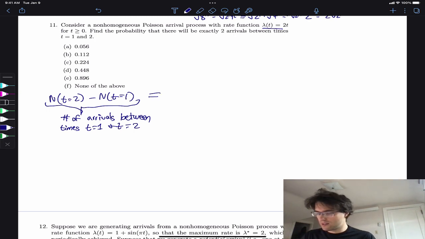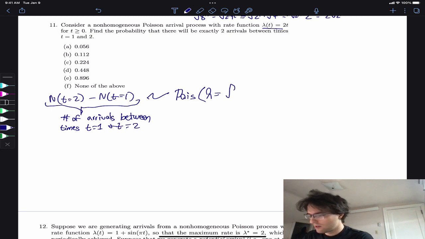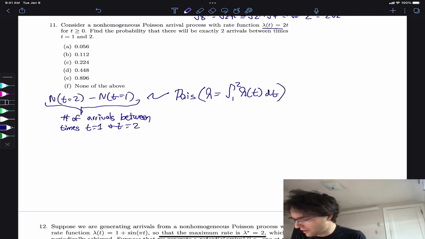This is distributed as a Poisson distribution with lambda equal to the integral of the lambda of t function from t equals 1 to 2, dt. So let's take this for a second.